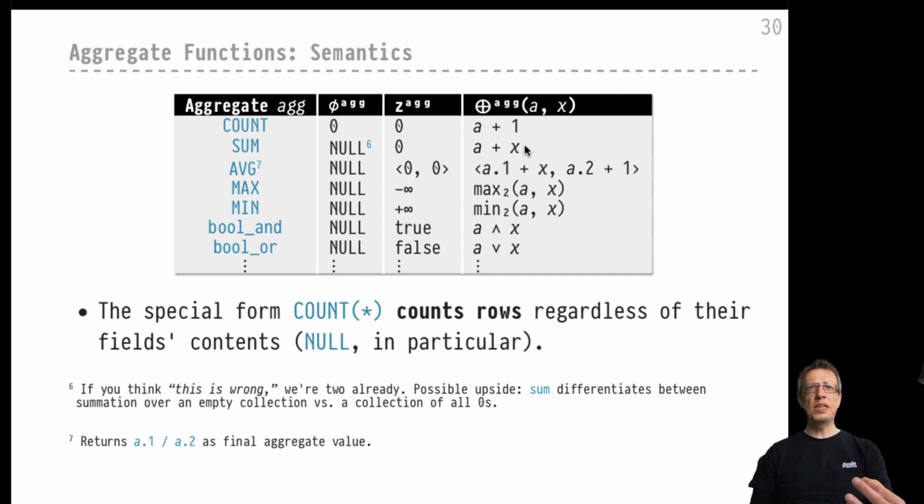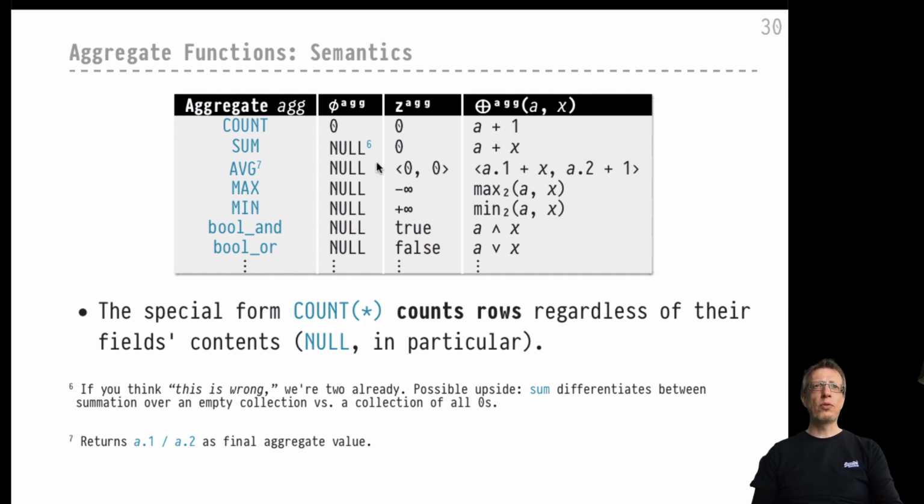Should the collection be empty, then the sum aggregate will return null, not 0, but null in this particular case. That's the design decision by the fathers and mothers of SQL, as sum aggregate over an empty collection yields null, not 0. Maybe 0 is something that you would have expected. I would have expected this at this particular point, but the definition says sum over an empty collection yields null.